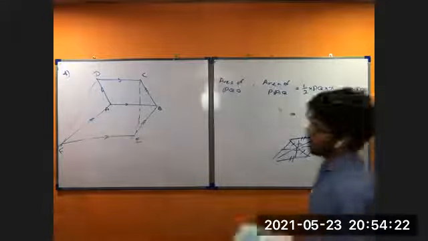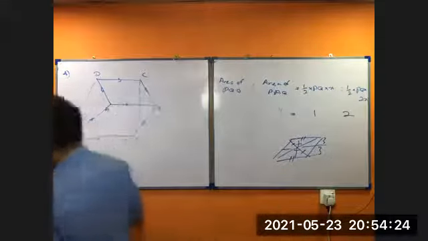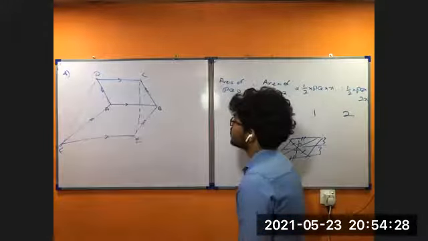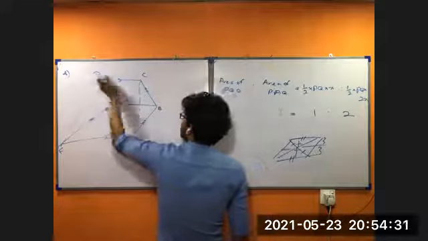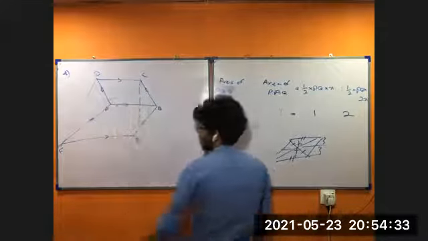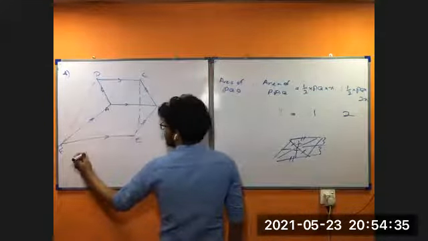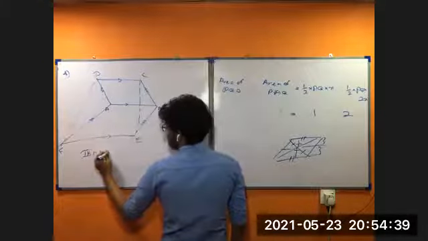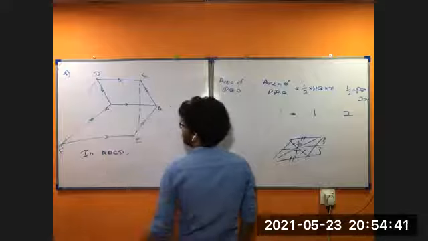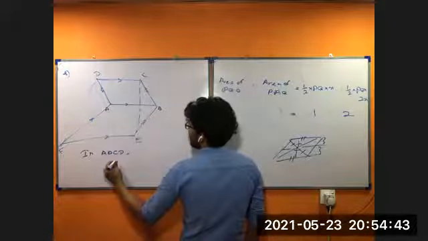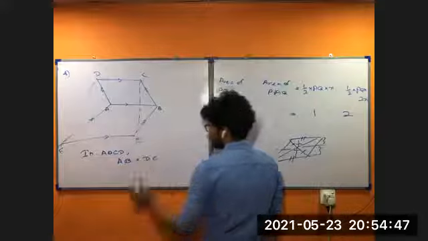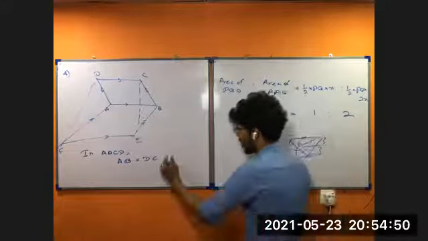Okay, so in this one, how to do? DCEF is a parallelogram. So you can say DC and AB are equal, right? In parallelogram ABCD, AB is equal to DC. Why?